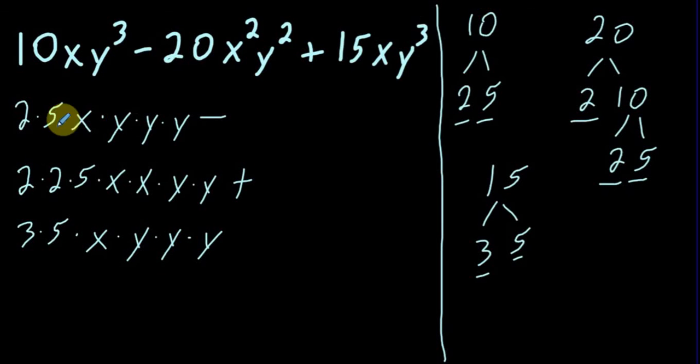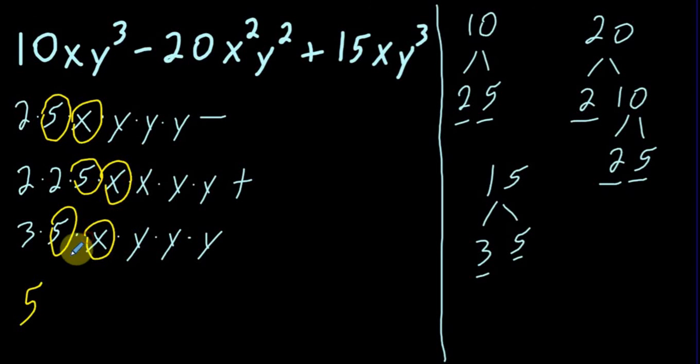So we look for what they have in common. All right, so 2, 5, 2, 2, 5, 3, 5. It looks like the only thing that all three of them have is a 5. So guess what goes outside the parentheses? 5. All right, so 1x, 1x, 1x. So outside goes 1x. We got some y's here.